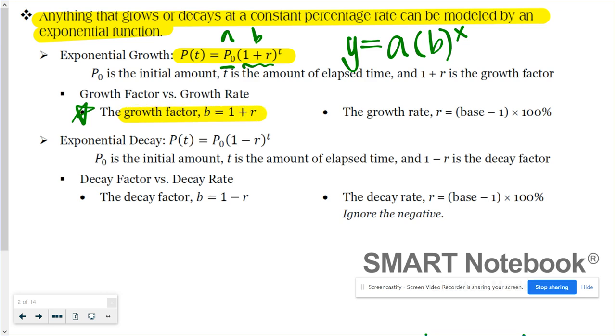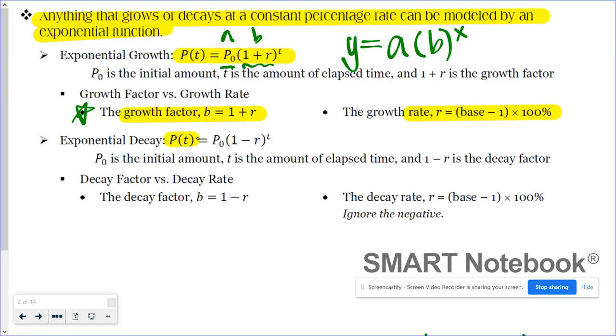When we're working with percentages, you will need to first turn your percentage into a decimal and then add 1. Now, if I were given the function and asked what the percent rate is, I'm going to calculate base minus 1 times 100%.